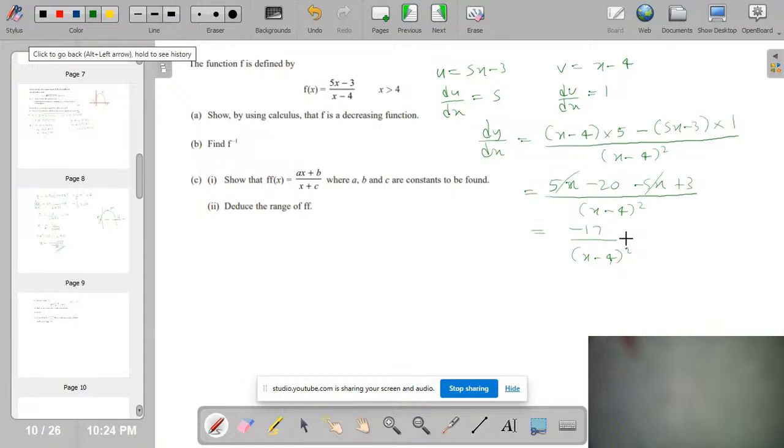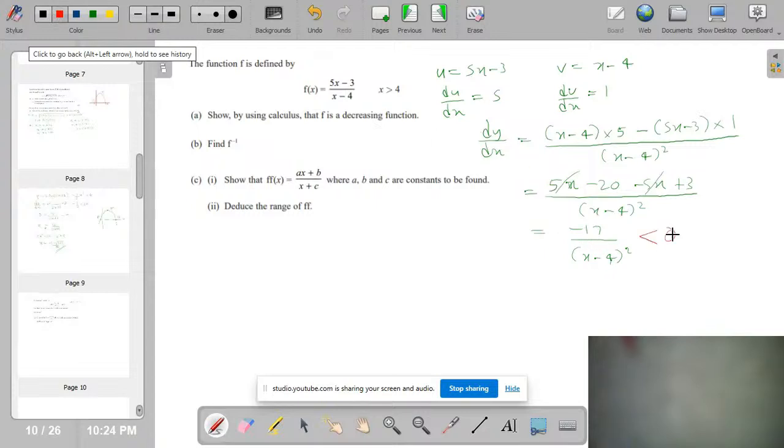If you look at the answer here, dy by dx, or as we can tell f dash x even, the numerator is negative, the denominator we have is a square. So it is always positive. Negative over positive becomes what? Negative.